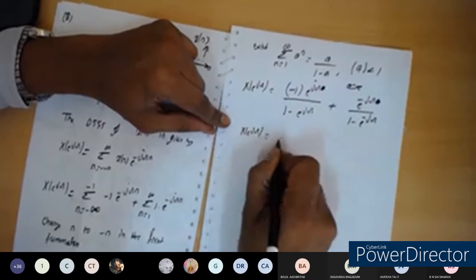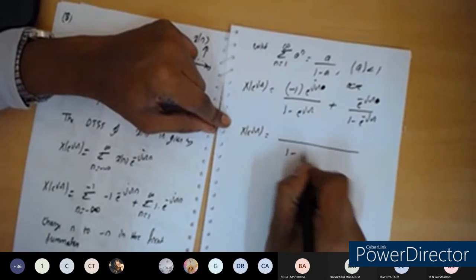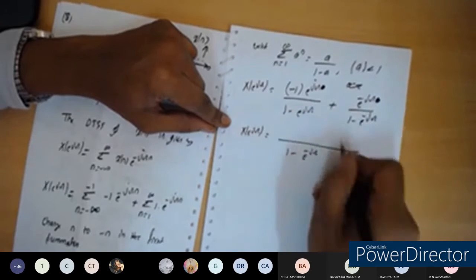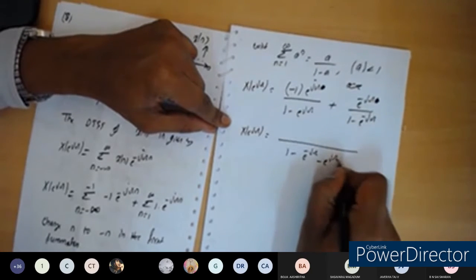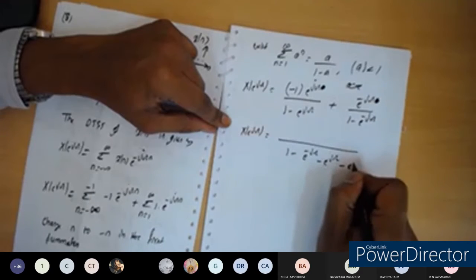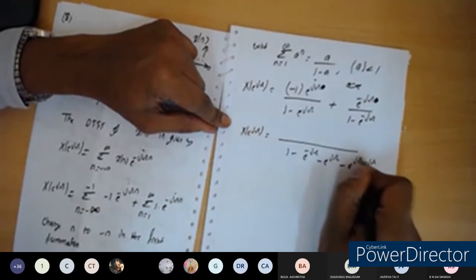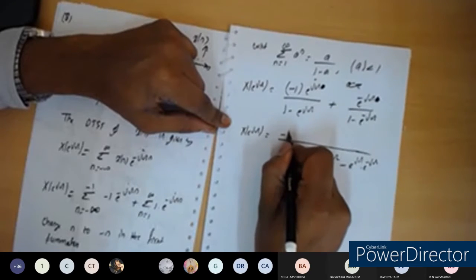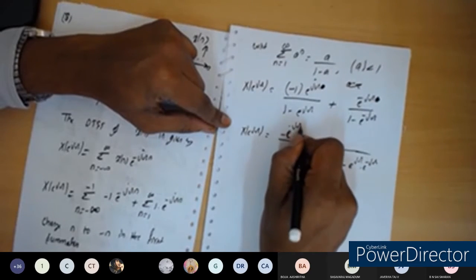If you take the LCM, you can directly multiply the sequences so that we can save one step here. So minus e to the power of j omega, minus e to the power of j omega into e to the power of minus j omega. If you cross multiply, 1 into minus will become minus 1 into e to the power of j omega.